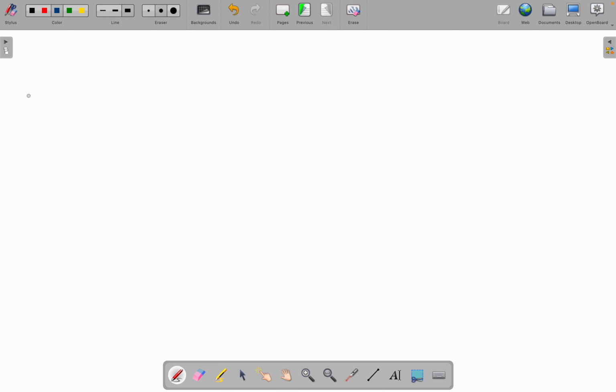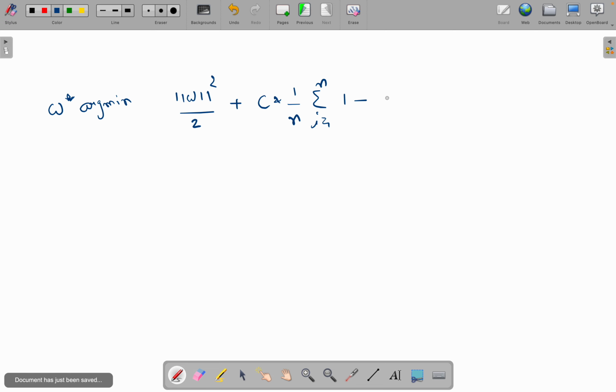So let me rewrite our optimization function: W star, the optimal W, will minimize the square of the norm of W divided by 2 plus C times 1 by n, sum from i equals 1 to n of 1 minus yi into (W transpose xi plus b).